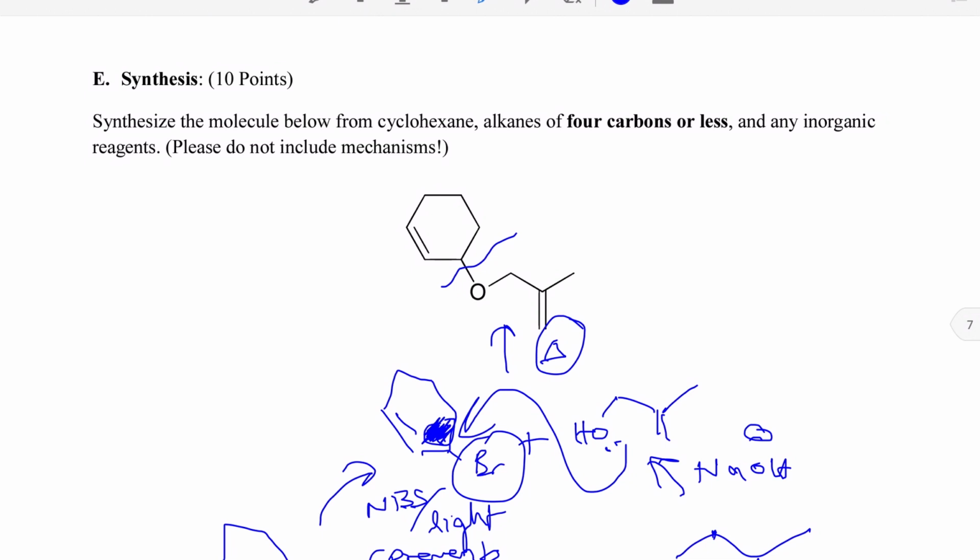So clearly from the question instructions, we're not allowed to start with an alcohol or anything with an OH group. So that means that we need to find a way to remove this OH group.